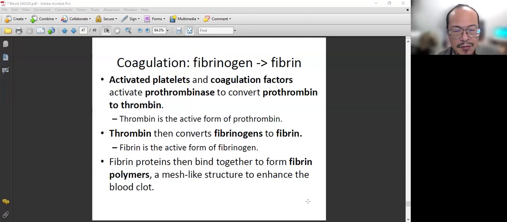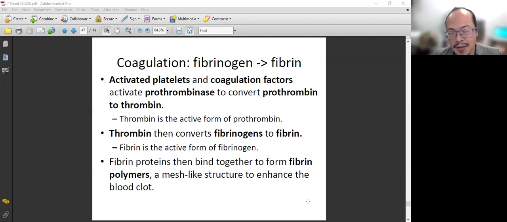Several things will trigger these coagulation factors. Platelets are one of those. Activated platelets will also play a role there. Several coagulation factors, and also the injured tissue, will be involved.